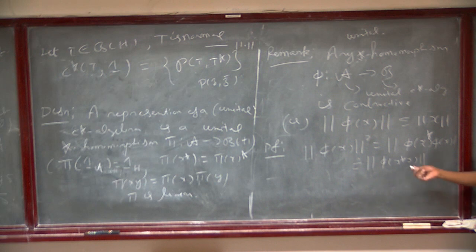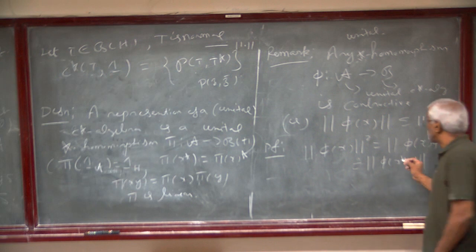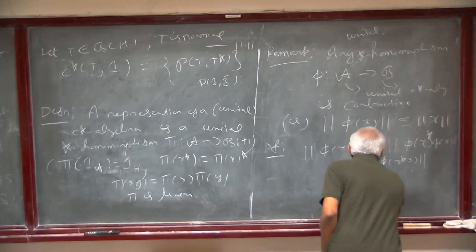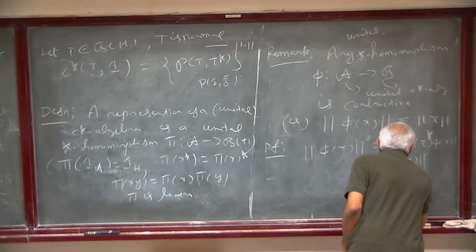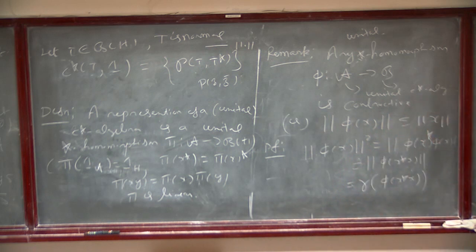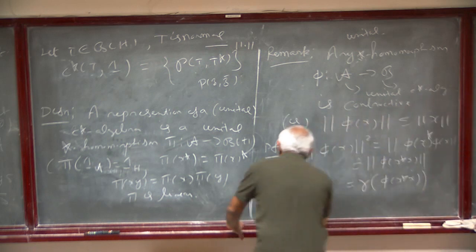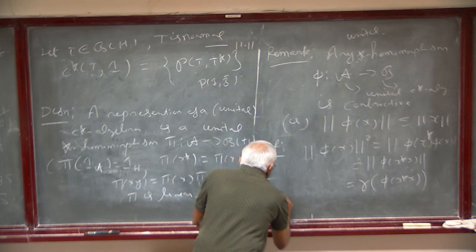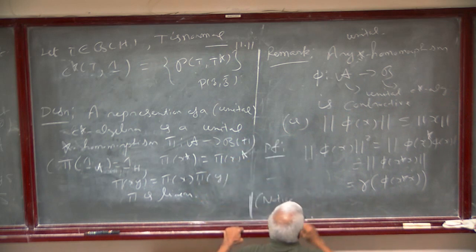Notice that x star x is self-adjoint, and P of x star x is also self-adjoint, because it preserves the star. In particular, this is normal. So this is equal to the spectral radius of P of x star x. Notice what?